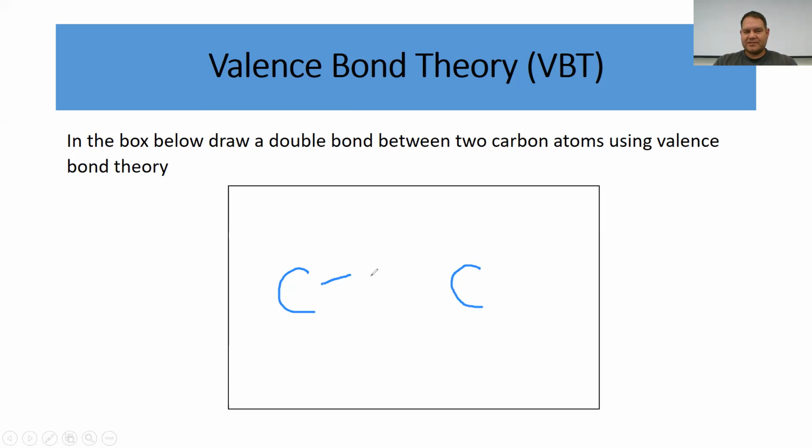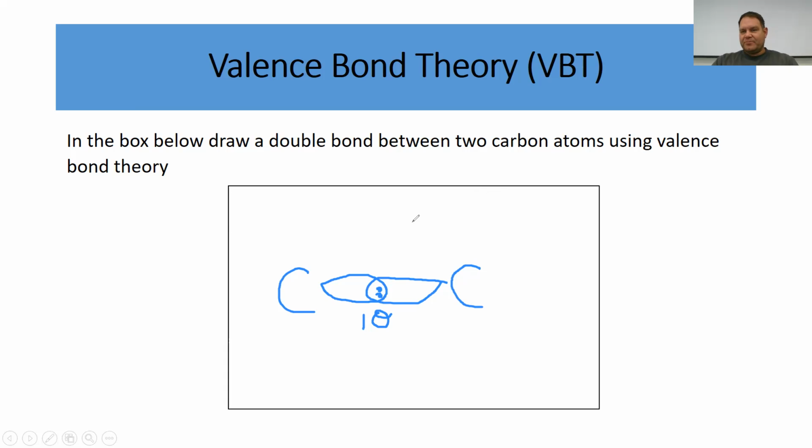And that sigma bond is going to be created by an overlap of orbitals, like so. And there's our overlap of two orbitals head to head to form a sigma. We'll put a 1 to represent one sigma bond.